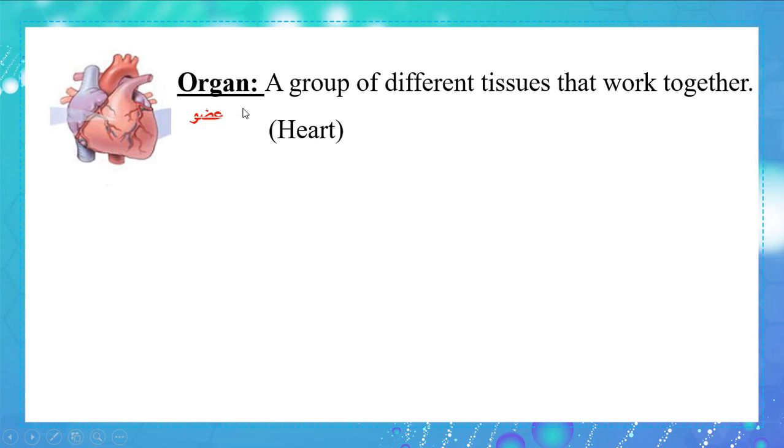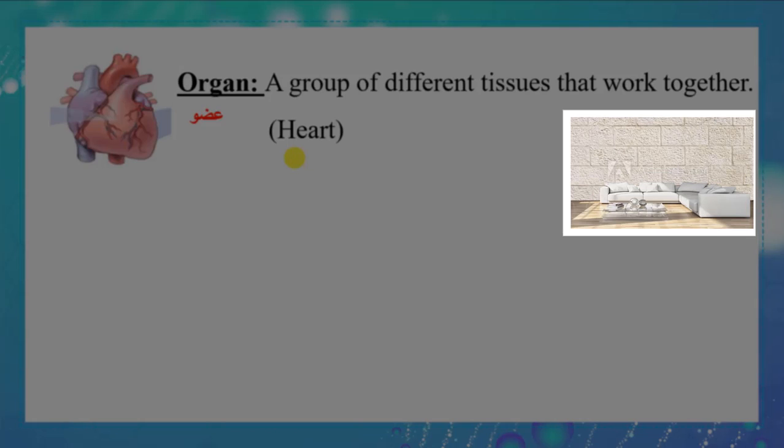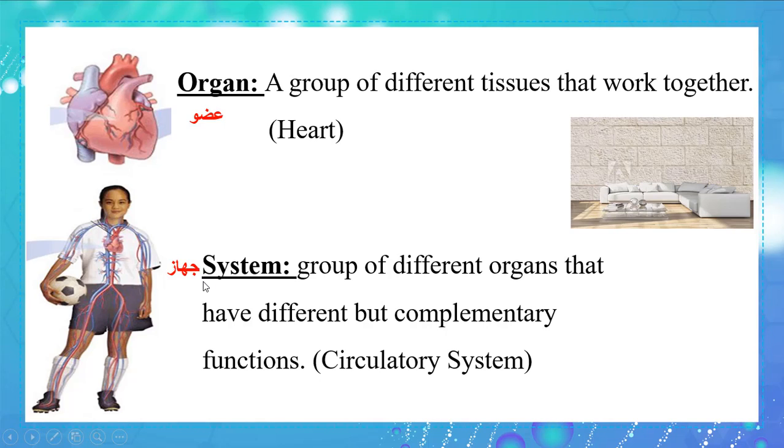And now the organ, it is a group of different tissues that work together. An example is the heart. The organ in a human body resembles the room in a building. And now the system.